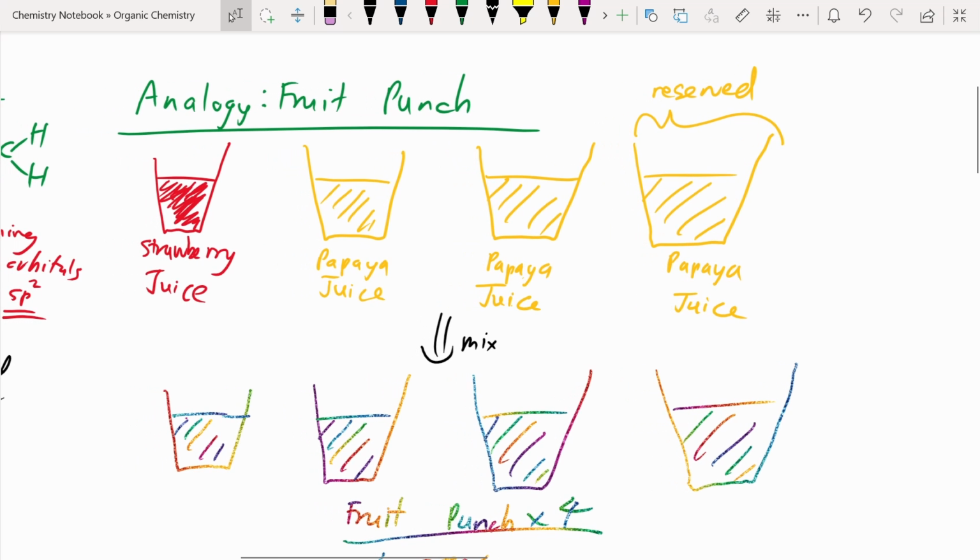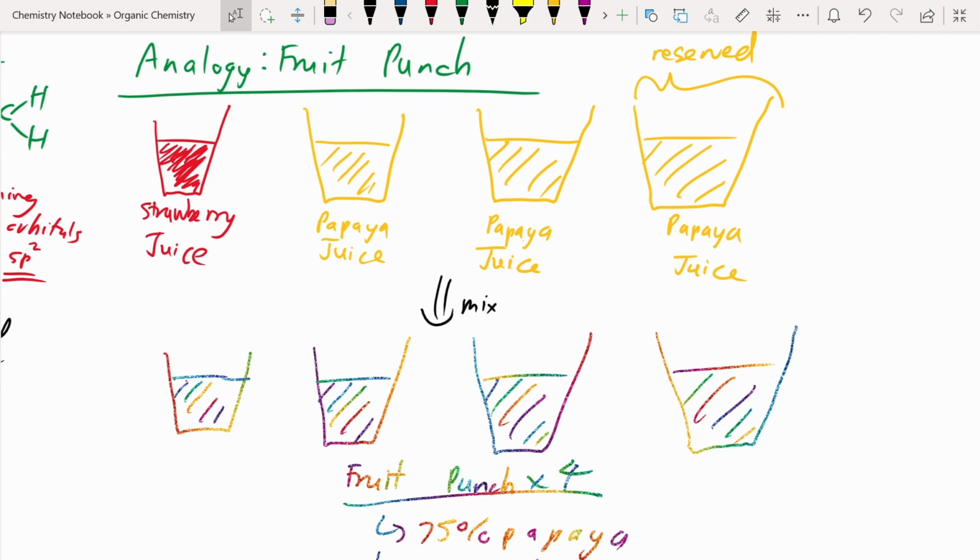And then you decided, okay, we're gonna mix 1 strawberry juice and the other 2 papaya juices. So you mix them and you'll be able to form your fruit punch, and you give this fruit punch containing 2 papaya juices and 1 strawberry juice to 3 of your friends only.